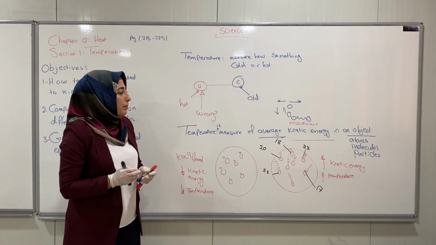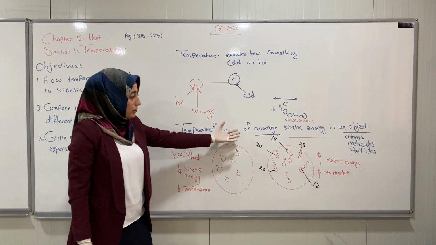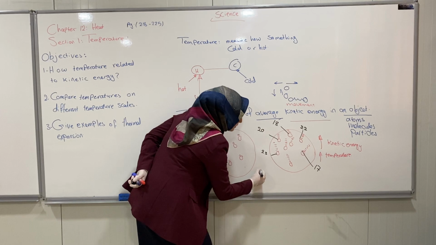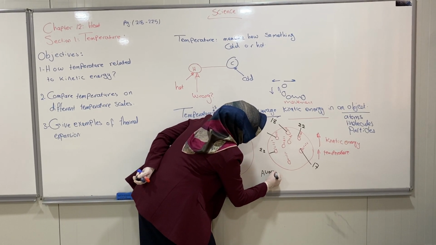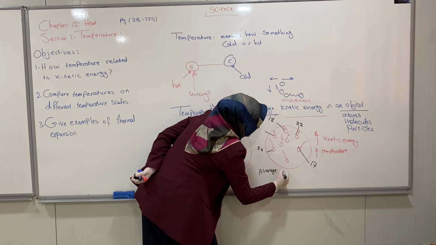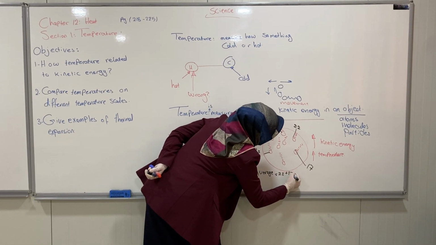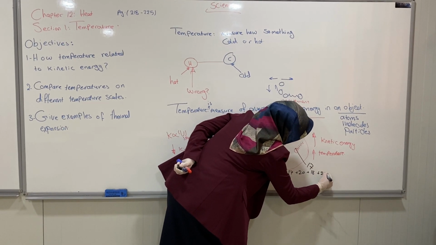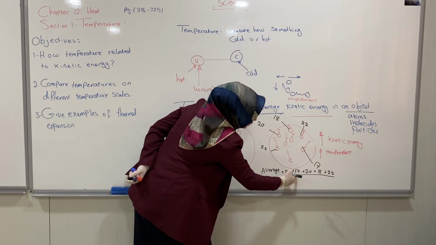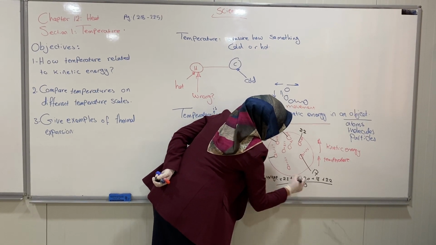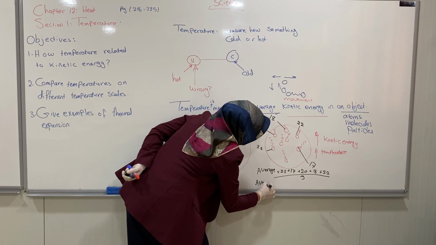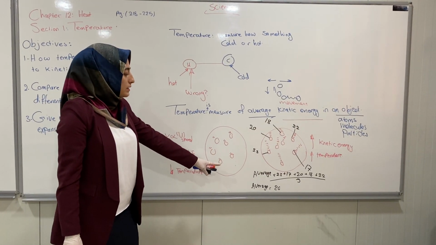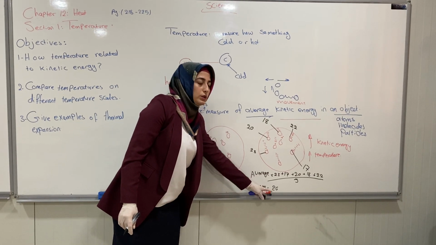So, if we talk about the average, average is like that. Average is equal to 23 plus 17 plus 20 plus 18 plus 22, over 5, because there are 5 particles. So the average kinetic energy is equal to 20.